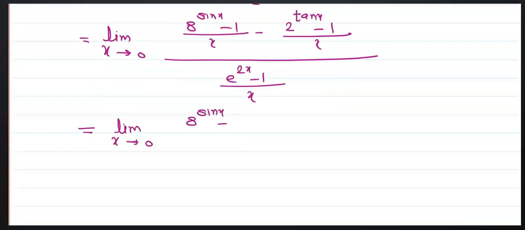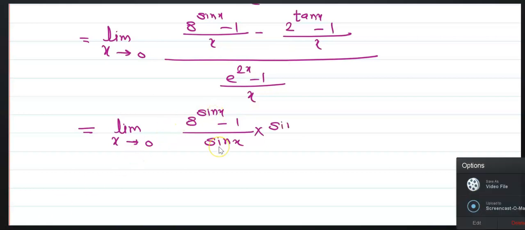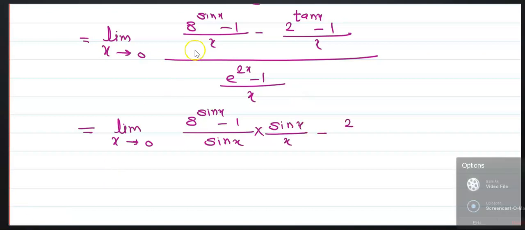Now, next is 8 raised to sin x minus 1 upon sin x. Same thing is here, and it is balanced by multiplying the numerator by sin x. This is important. That is, 8 raised to sin x minus 1 upon x can be written as 8 raised to sin x minus 1, divided by sin x, which is balanced by multiplying the numerator by sin x, and this is upon x.